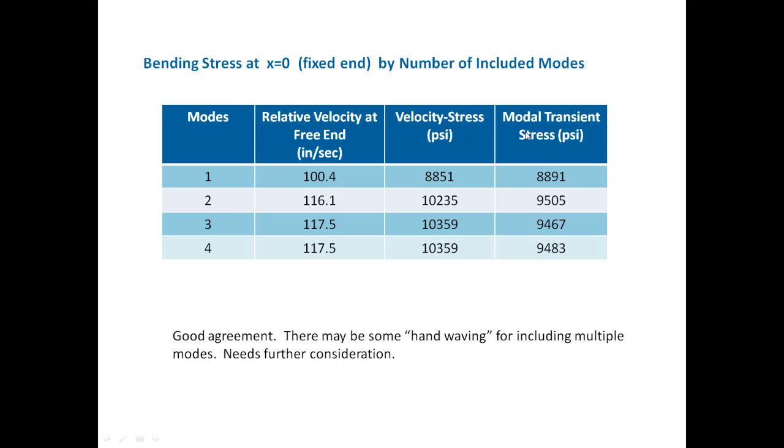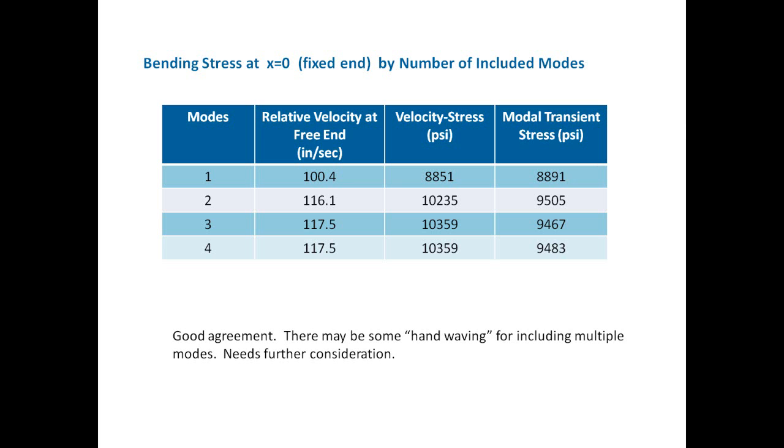I think to make this make a little more sense, I should have switched out those two columns. But the modal transient comes about from the response to the arbitrary pulse. That's in the MATLAB script. It's doing the full modal transient analysis, picking out the relative velocities and then going through the calculation of the relative displacement, looking at the second derivative of the mode shape and calculating the bending moment and then the bending stress therefrom.